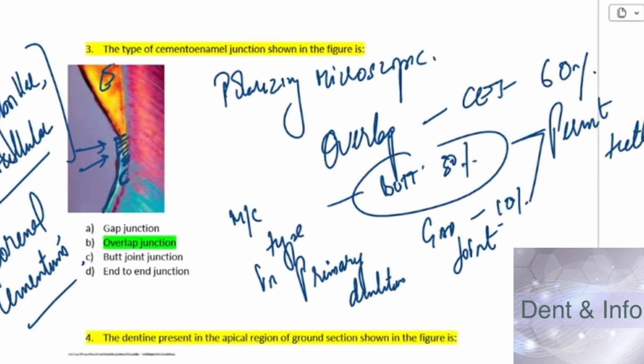This is an exception. 60% of the CEJ is seen in the overlap type in permanent dentition. When we say most common type of CEJ in permanent dentition, that is the overlap type.